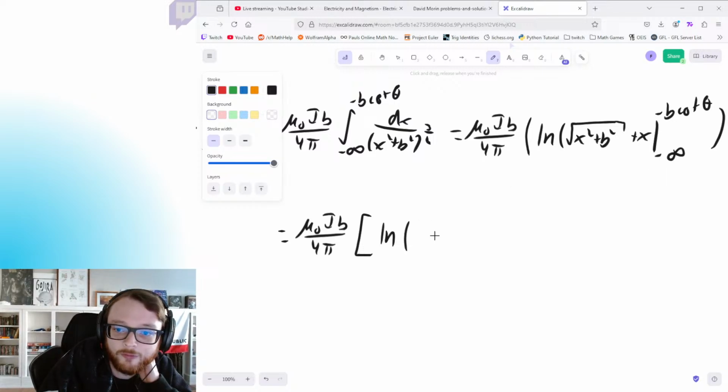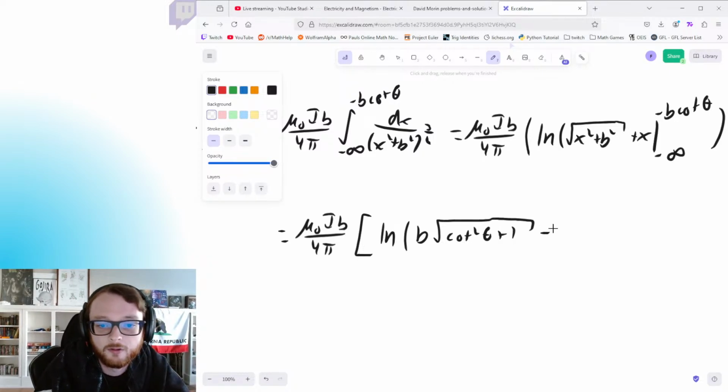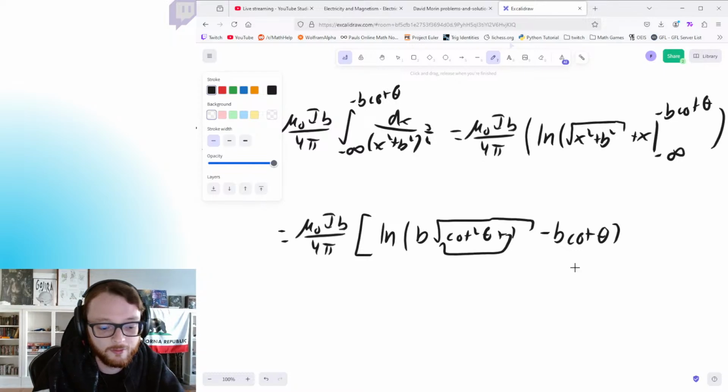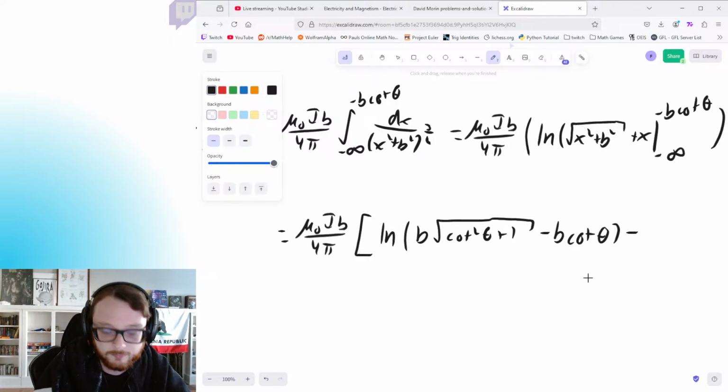At the risk of messing up mental math, we should get b root cotangent squared theta plus 1. I hope that's a Pythagorean identity. Oh, it's got to be, doesn't it?